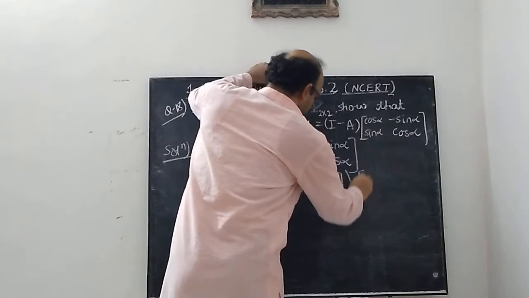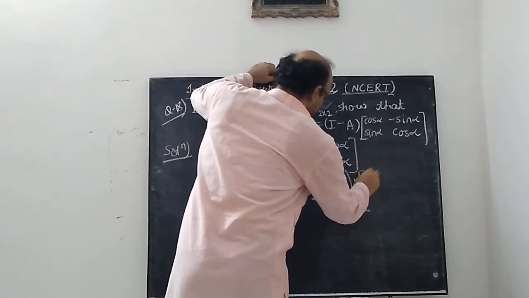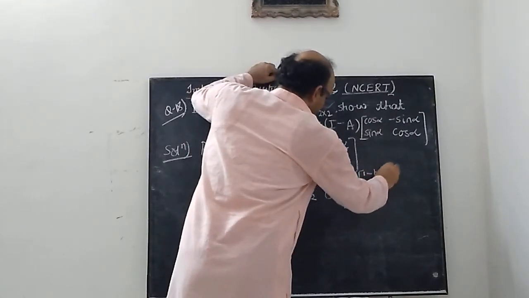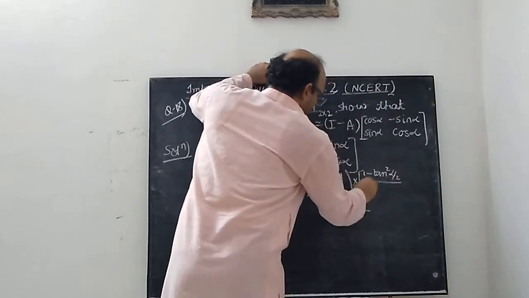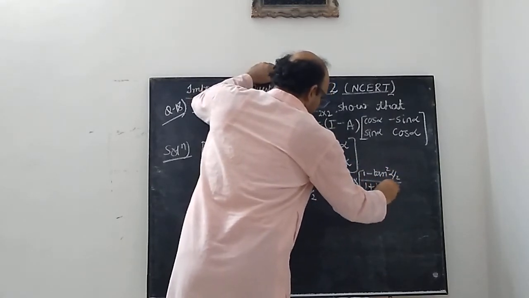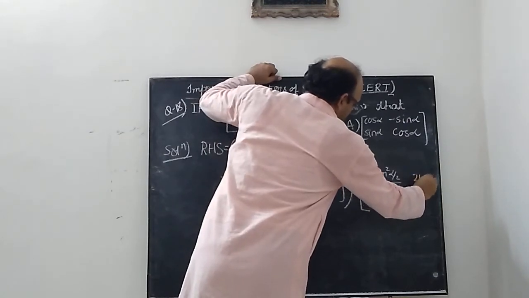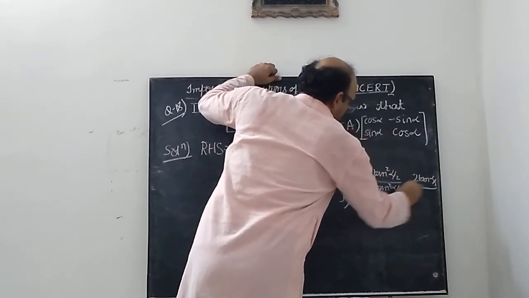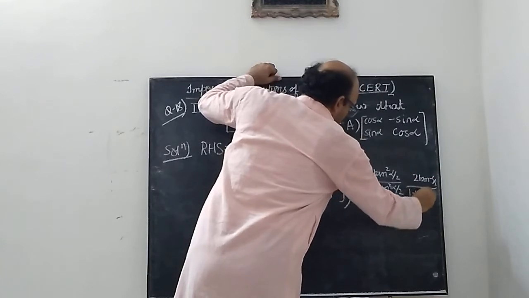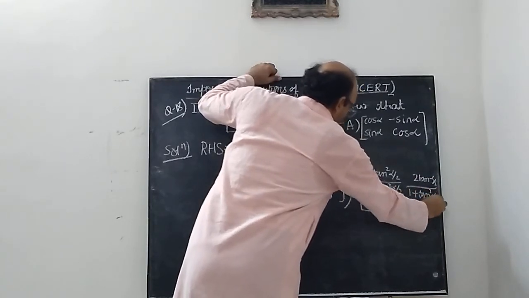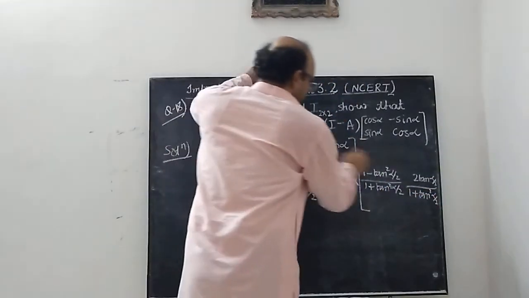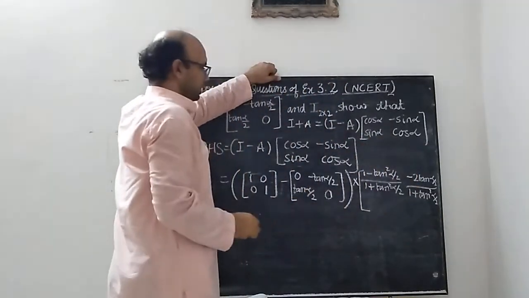We just now substitute the values. Cos alpha is 1 minus tan square alpha by 2 upon 1 plus tan square alpha by 2. This is 2 tan alpha by 2 upon 1 plus tan square alpha by 2 with a negative sign.